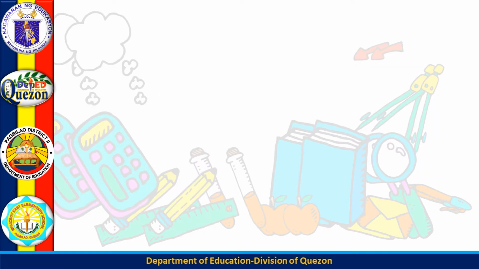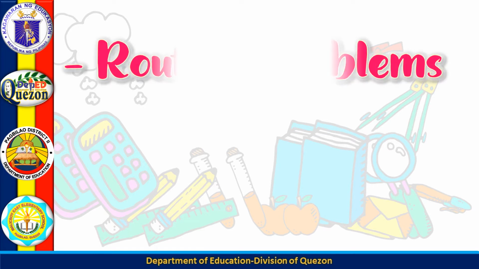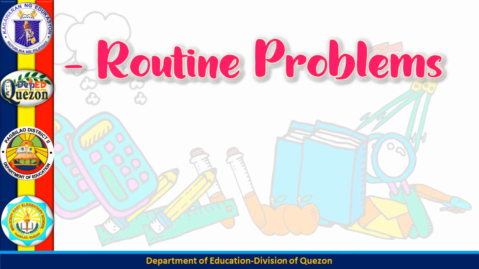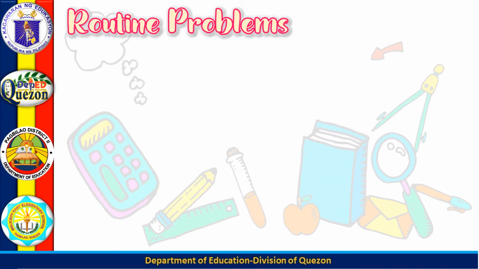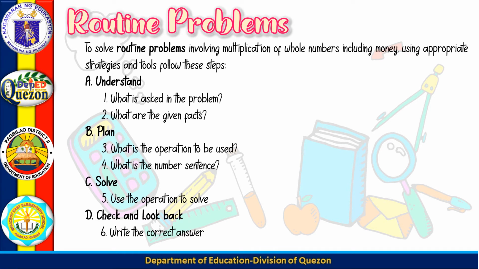In solving problems, we have the routine problems and the non-routine problems. To solve routine problems involving multiplication of whole numbers, including money, using appropriate strategies and tools, follow these 4 steps.